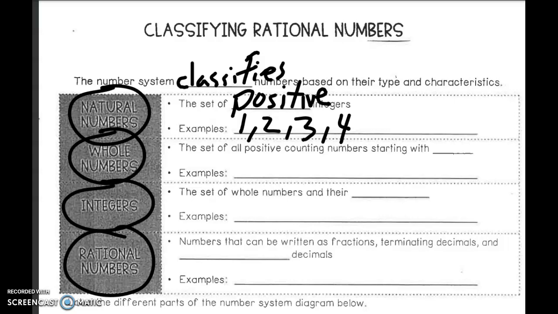Okay. Now, whole numbers, the only difference is we add the number 0. So really, you have 0, 1, 2, 3, 4, and so on, right? It keeps on going. So the only difference for whole numbers is it also includes 0. Now when we get to integers, that's the set of all whole numbers and their opposites.